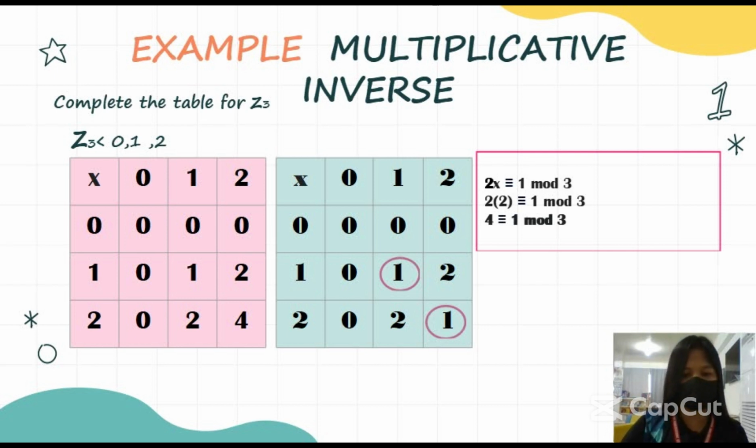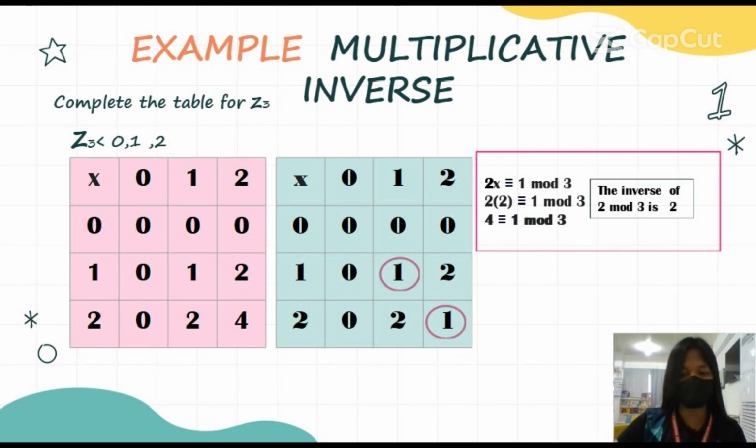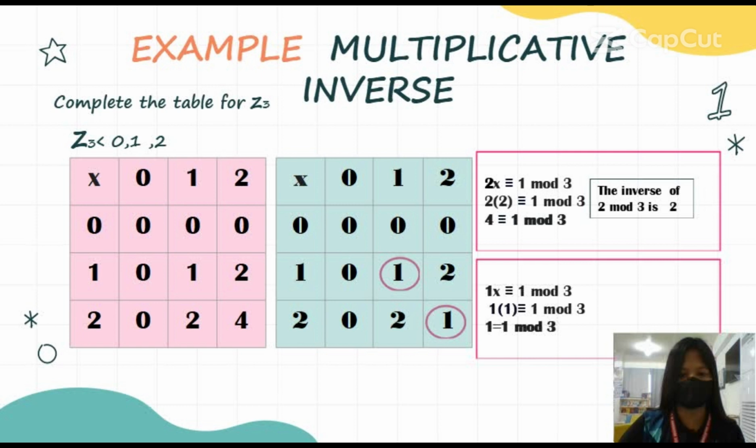We see in the table the remainder of 1 is this part, which means x is 2. So 2 times 2 is equal to 4, congruent to 1 mod 3. Meaning the number of 3s in 4 is 1, and there is a remainder of 1. So the inverse of 2 mod 3 is 2, and that 2 is the value of x.